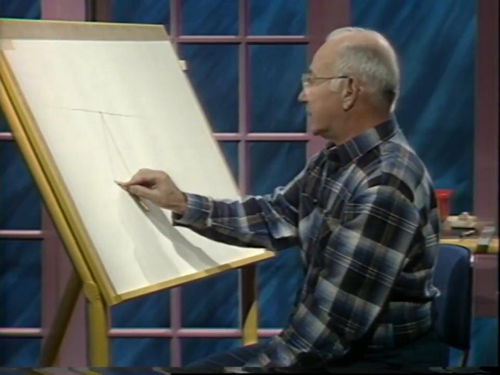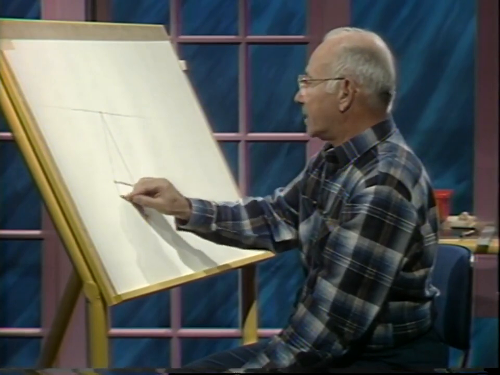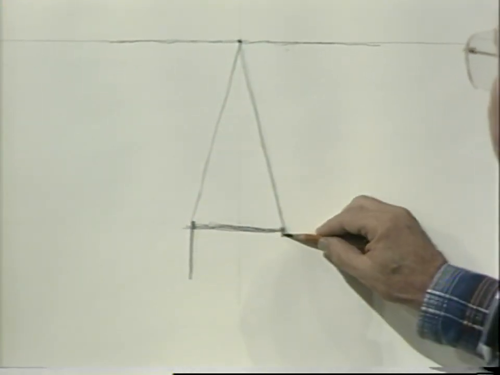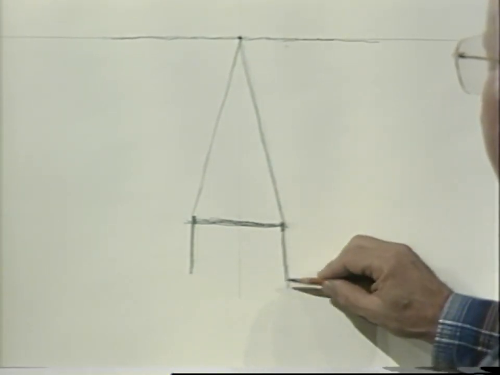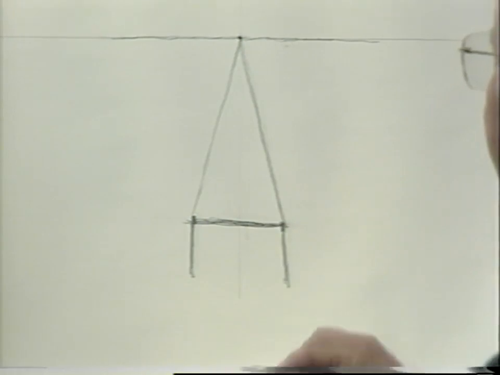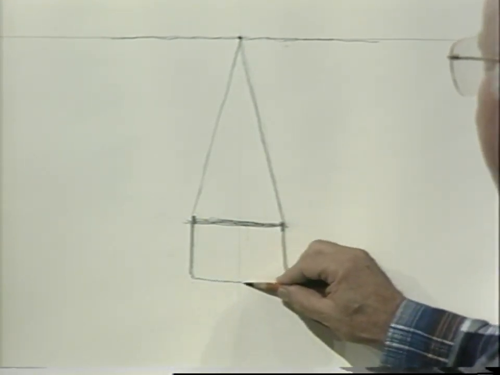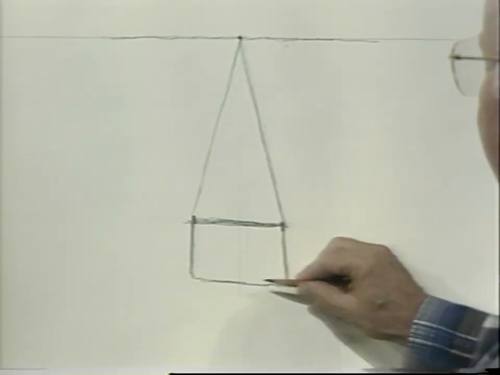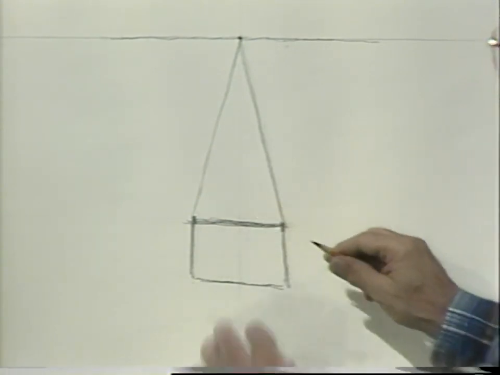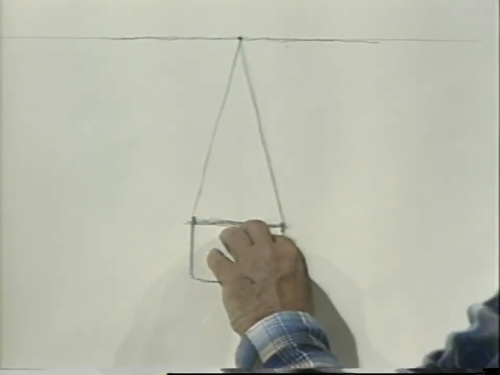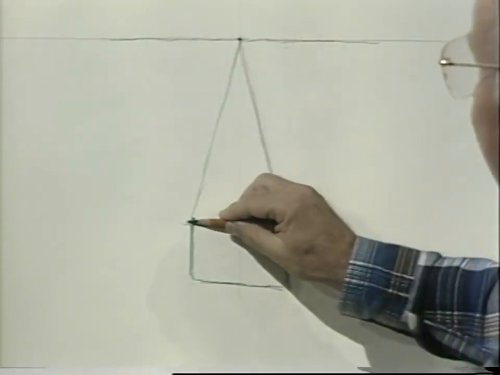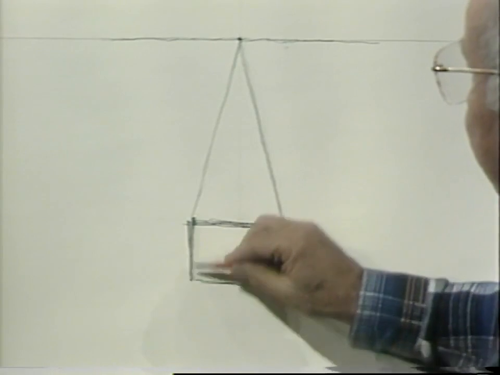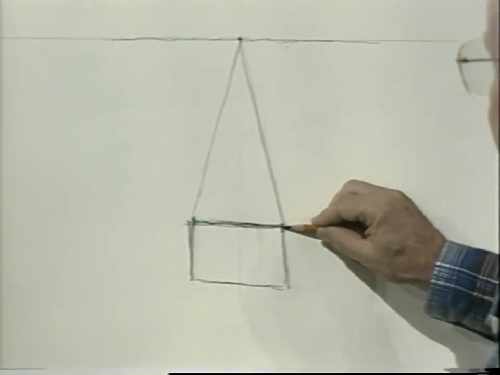Now, the sides have no perspective. The sides of the box will be straight down. The vertical lines. And then, of course, the bottom here will be parallel. There is no perspective in this facing side. The perspective is in the lateral sides, in a one-point perspective.